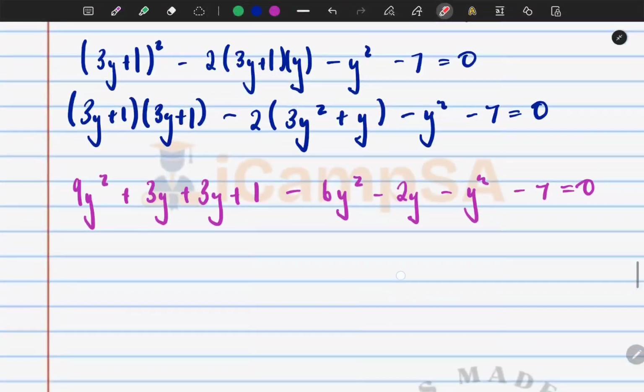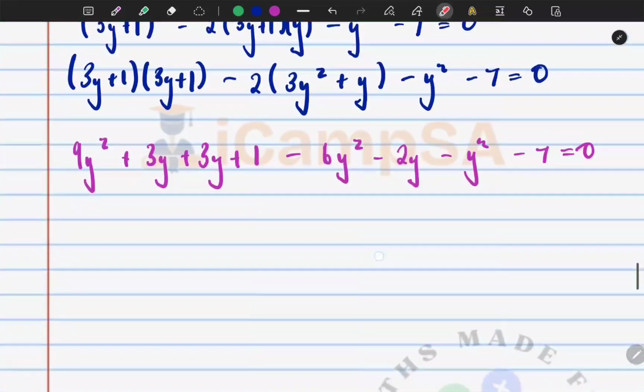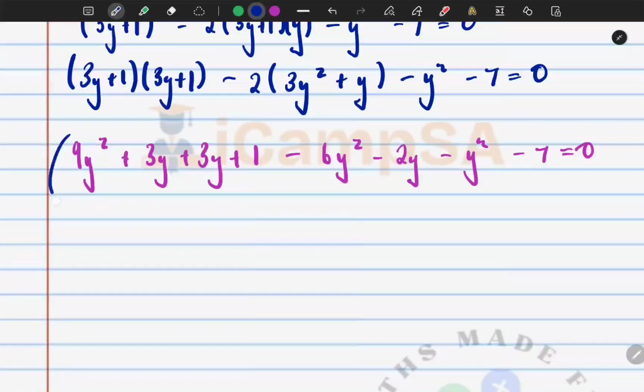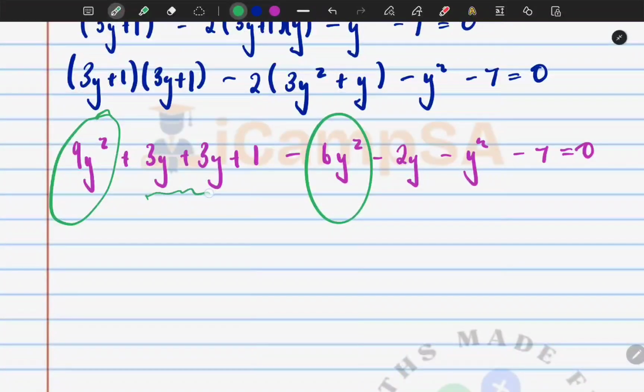So what I can do here, I can already simplify this, right? So yeah, let me use this one. So this, right, and that are like terms, and then also this are like terms.